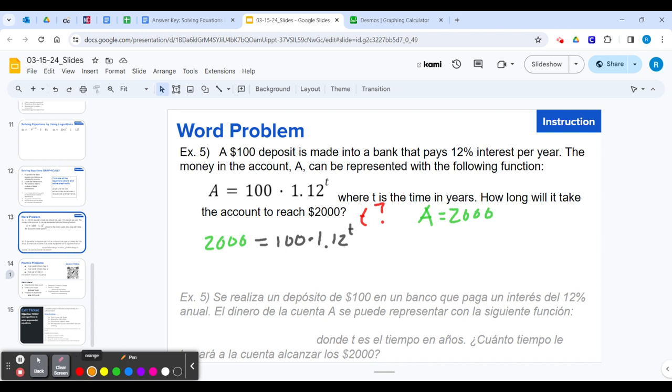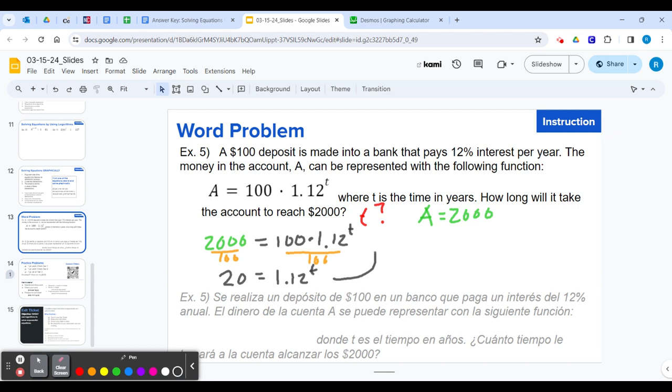So I need to divide each side by 100 to get that exponential all by itself. So I get 2,000 divided by 100 gives me 20, equals, the 100 and 100 cancel out, so I just get 1.12 to the t power.